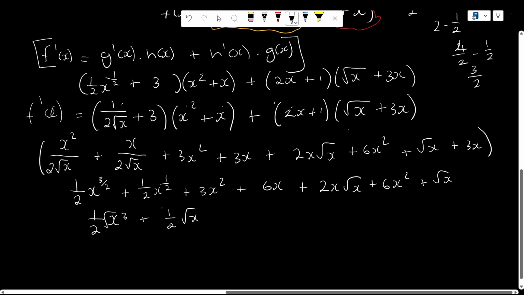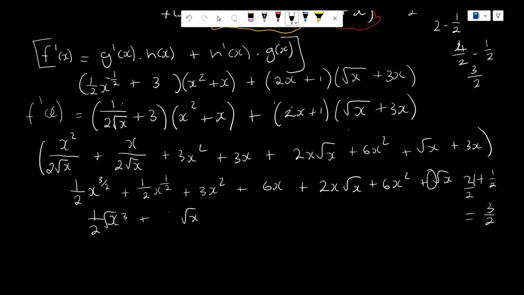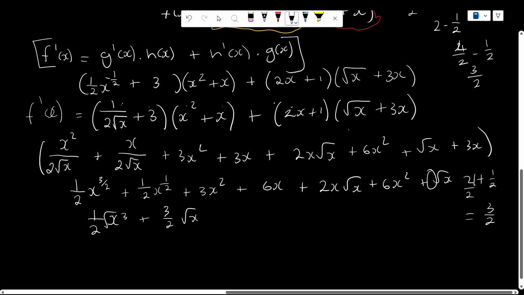So you can see that here we do have a half, here we do have 1, because they are like terms, therefore 1 plus a half, this is 3 over 2. So here I can have 3 over 2, basically added these two, right?